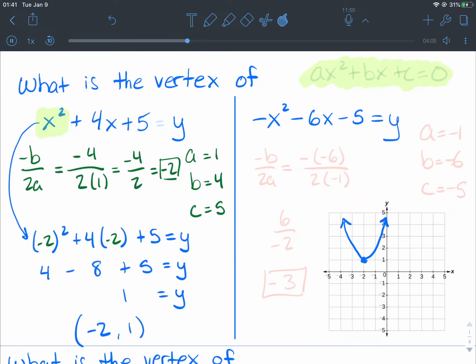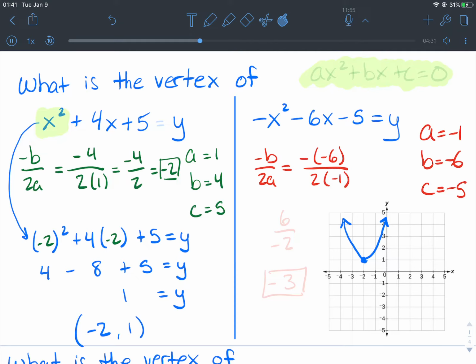All right, so the next problem. We know here a is negative 1, b is negative 6, and c is negative 5. So when we do the vertex formula, negative b over 2a, we get minus b, and b is negative 6, so it's minus a negative, and then 2 times a, which is negative 1.